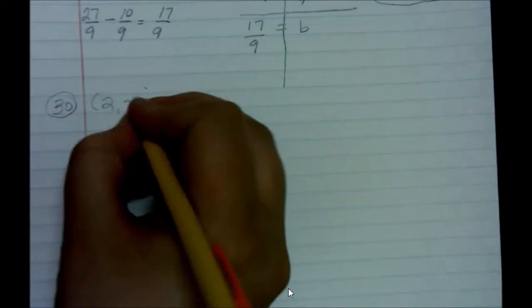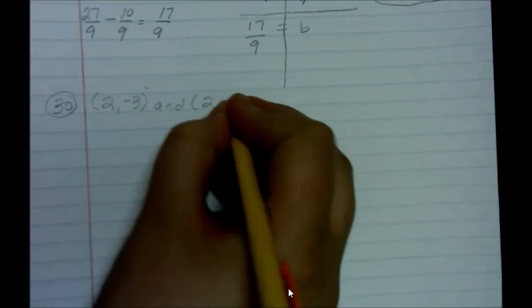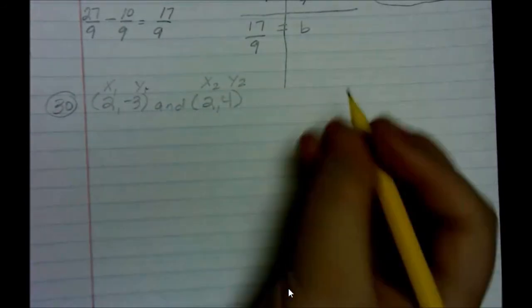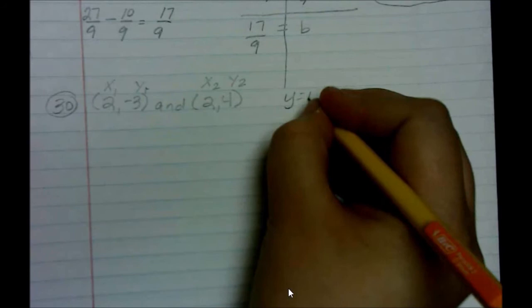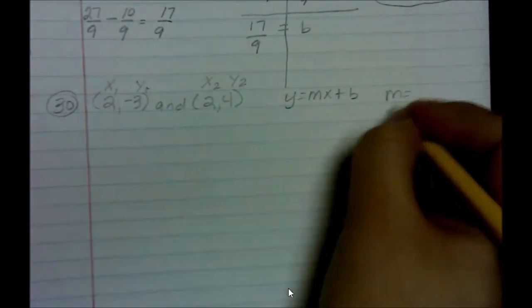Number 30. On number 30, I have 2, negative 3, and 2, 4. So I have an x1, y1, x2, y2, and I'm going to write my y equals mx plus b, my m equals, and my b equals.